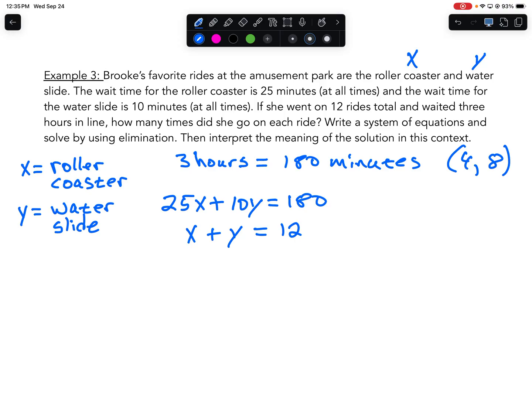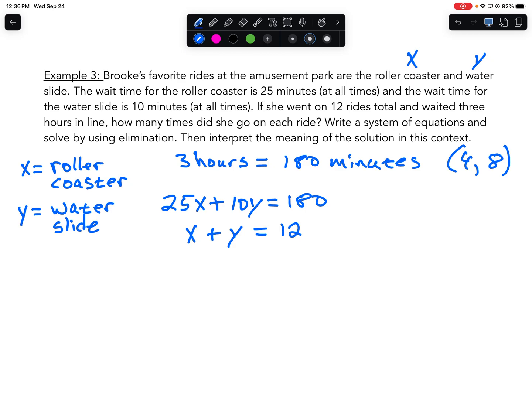So the minutes one is kind of easy. Then the other number in there is 12. Do you know how many rides of roller coaster or water slides you went on? No, so you just say x plus y equals 12. I think that is a more challenging equation to write, even though it's a simple equation. So you should have all that, right?